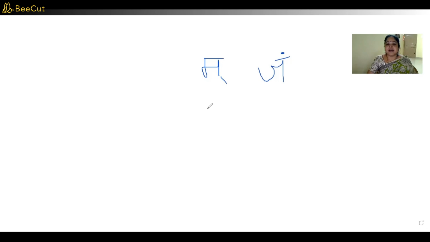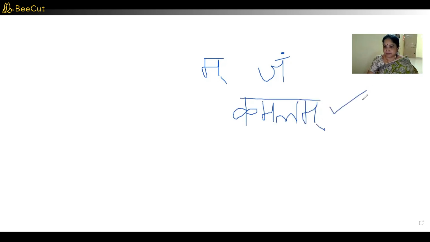See, whenever any word is written separately, for example you are asked to give 5 pullinga shabdas or write any 5 words you know, the question is that you are writing just 5 words or it is a dictation. Then Kamalam should be written only like this. If you are going to write Kamalam like this, then this is wrong.